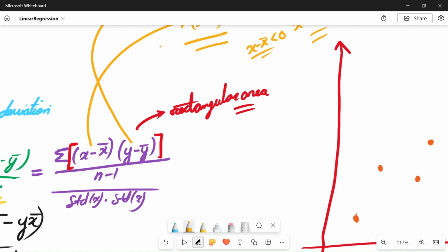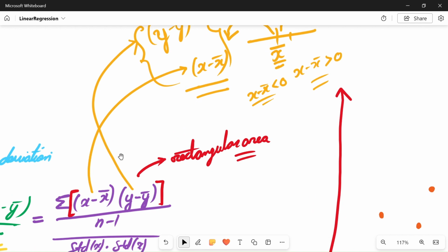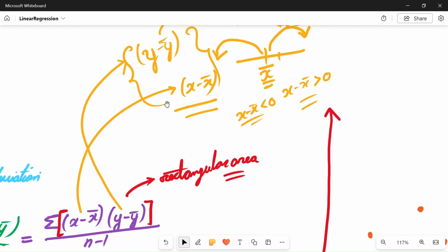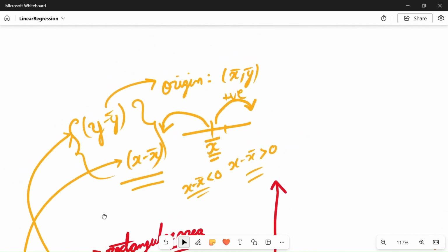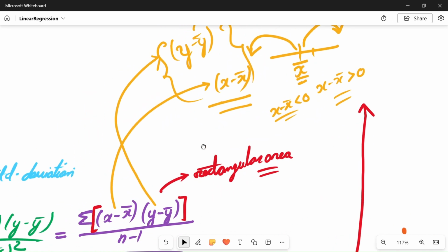If you apply these two transformations simultaneously, then the origin gets shifted to, yes, you guessed it right, x bar y bar. So once you apply such transformation on your expression, the origin is shifted to x bar and y bar.